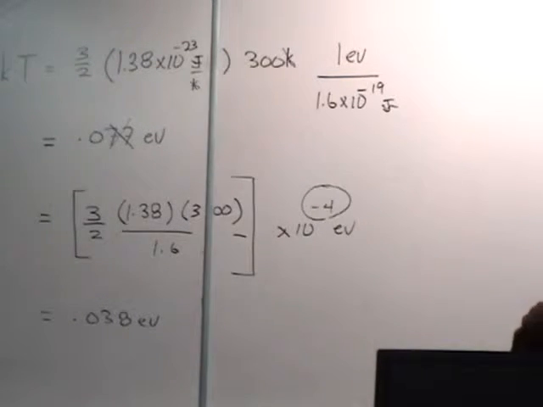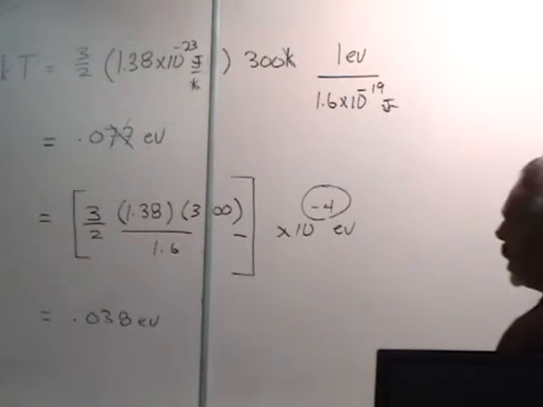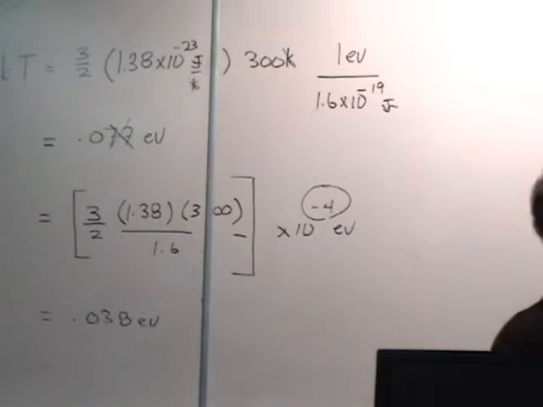And, by the way, kinetic energy is 7.2 times 10 to the minus 7 eV. Bothered the calculation of what the Boltzmann constant is, 8.617 times 10 to the minus 5 eV per Kelvin.